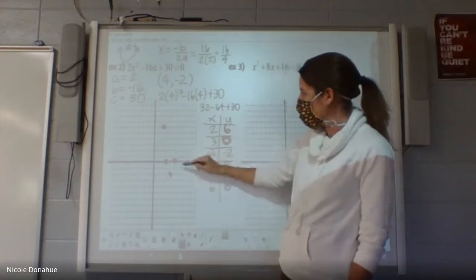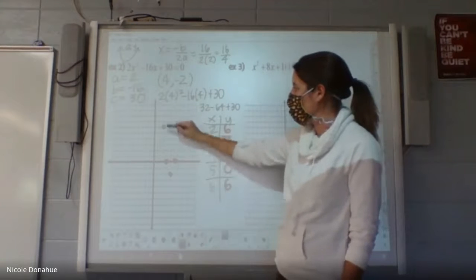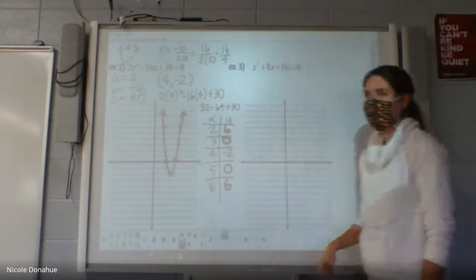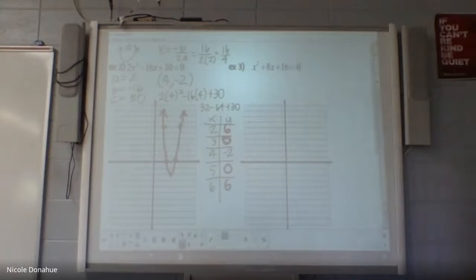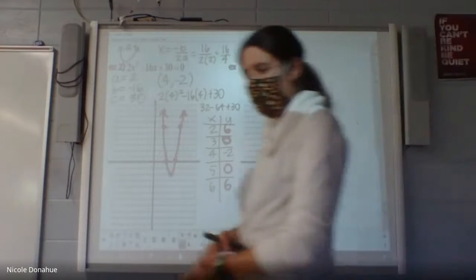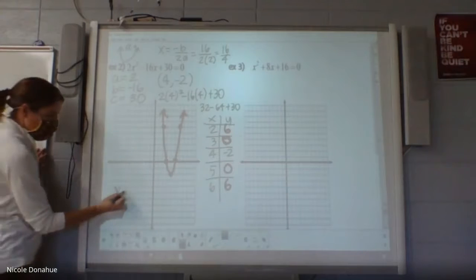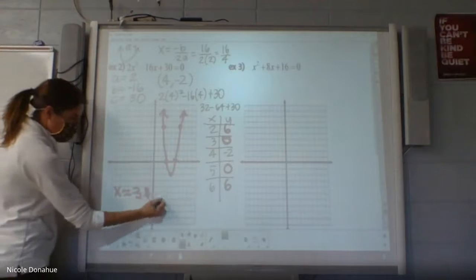And then I know 6 is also going to be 6 because of symmetry. So our solution again is where it crosses the x-axis. So where are those 2 spots? 3 and 5. x is 3, and x is 5.